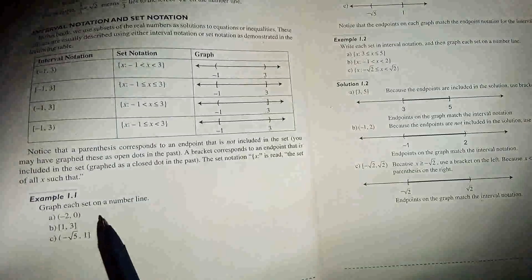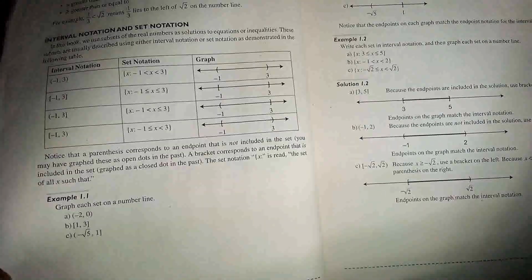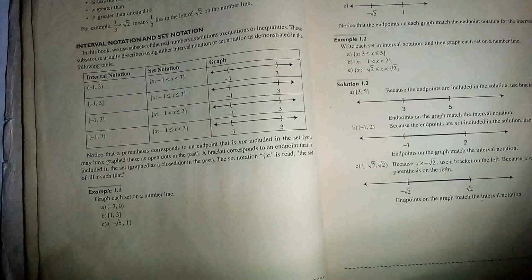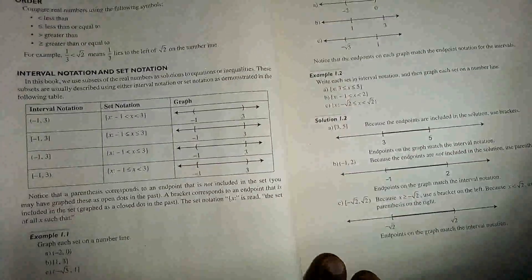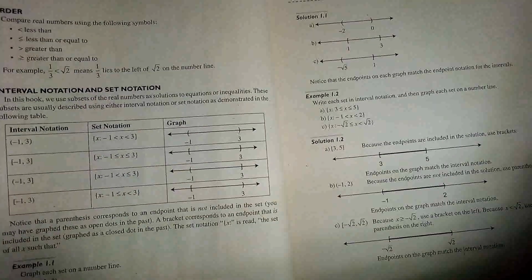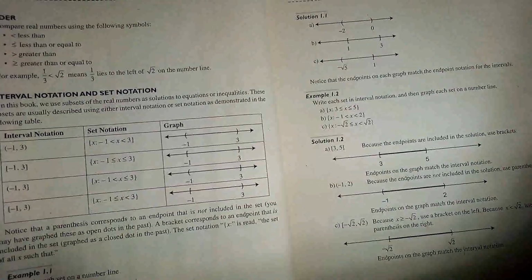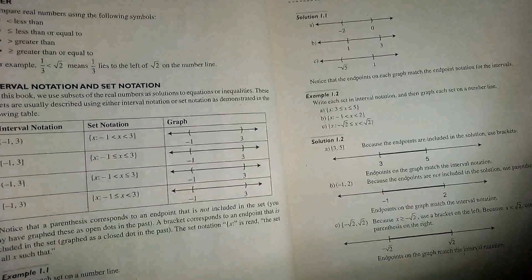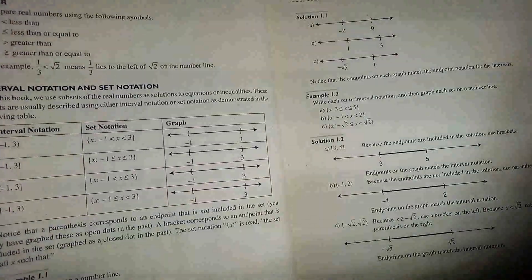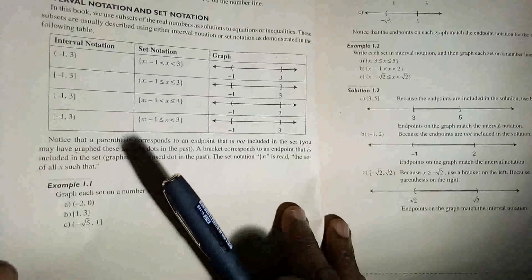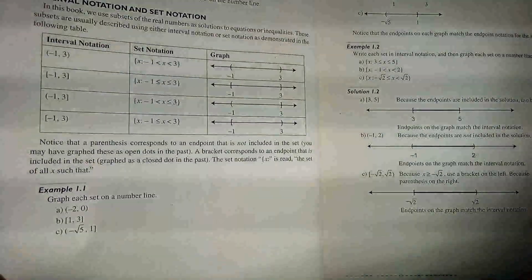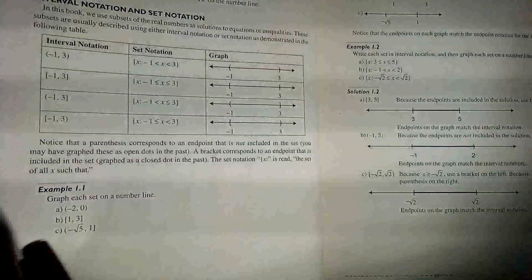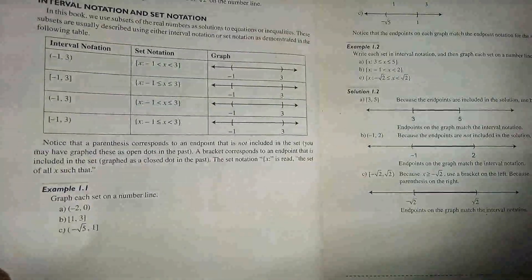You can see an example given here: graph each set on a number line. Actually, they are not going to ask you to graph anything, but you need to know what it means when you are graphing that. In the graph method above, we have an open interval, a closed interval, and a half open, half closed interval.